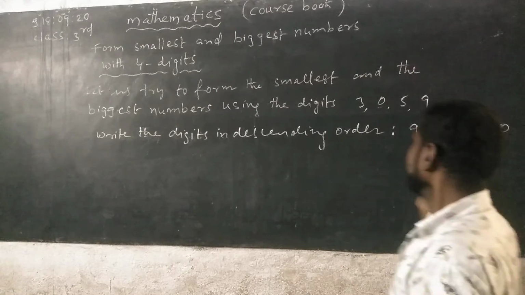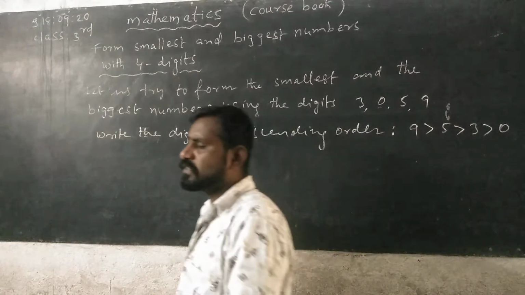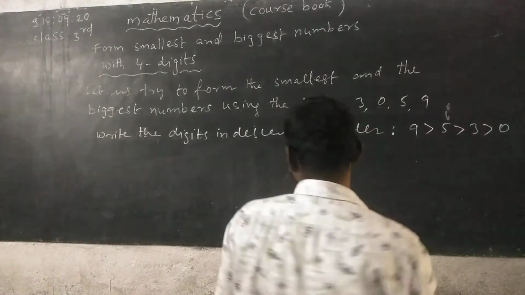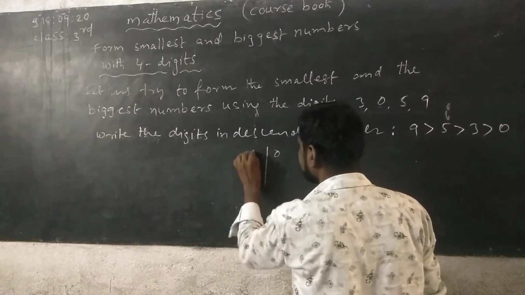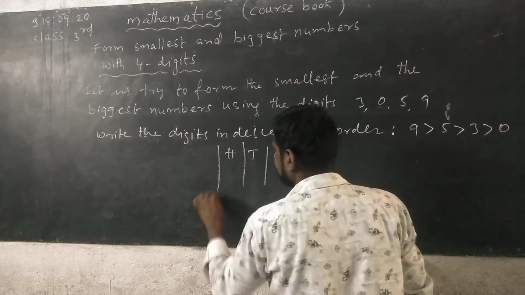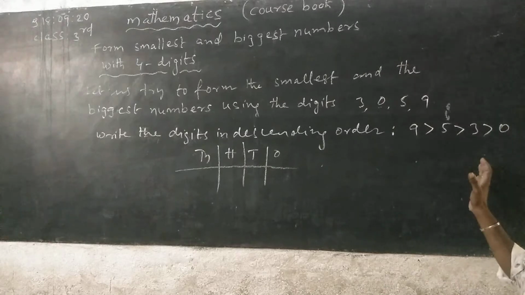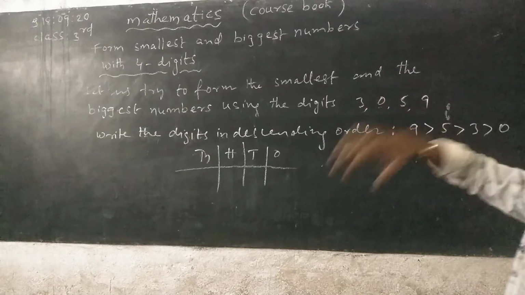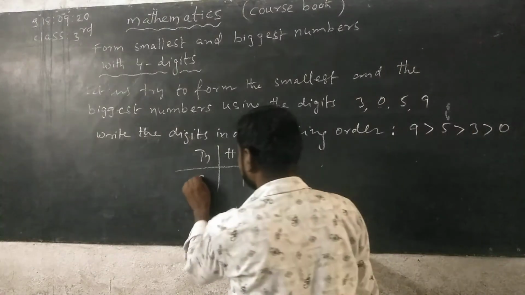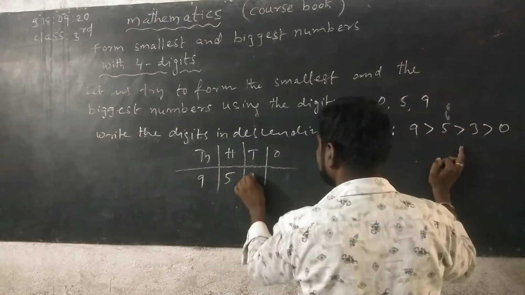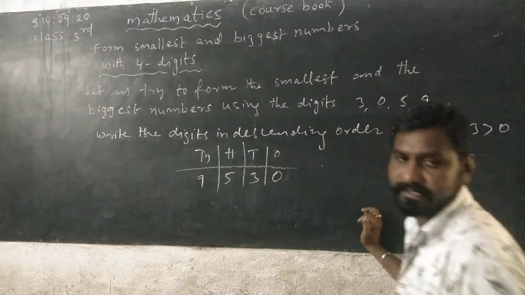So this is the 4-digit number. So we have 4 places. Means ones, tens, hundreds, thousand you can write. So you can write 9 in thousands place, 5 in hundreds place, 3 tens place, 0 ones place.